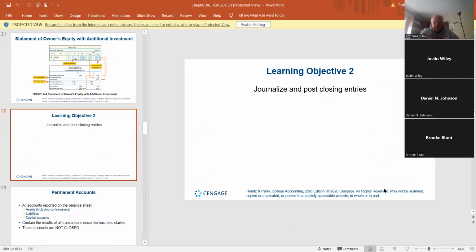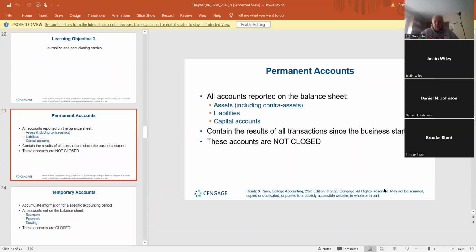Journalize and post closing entries. Closing entries will be easier to prepare if you understand why we are doing them, okay? We have permanent accounts and temporary accounts. Permanent accounts are the balance sheet items.